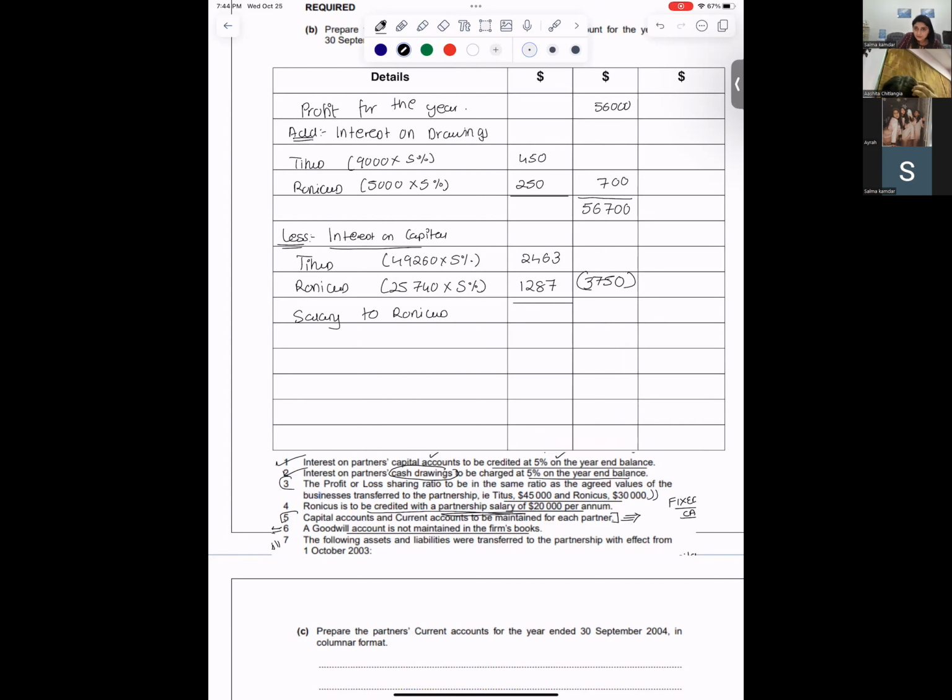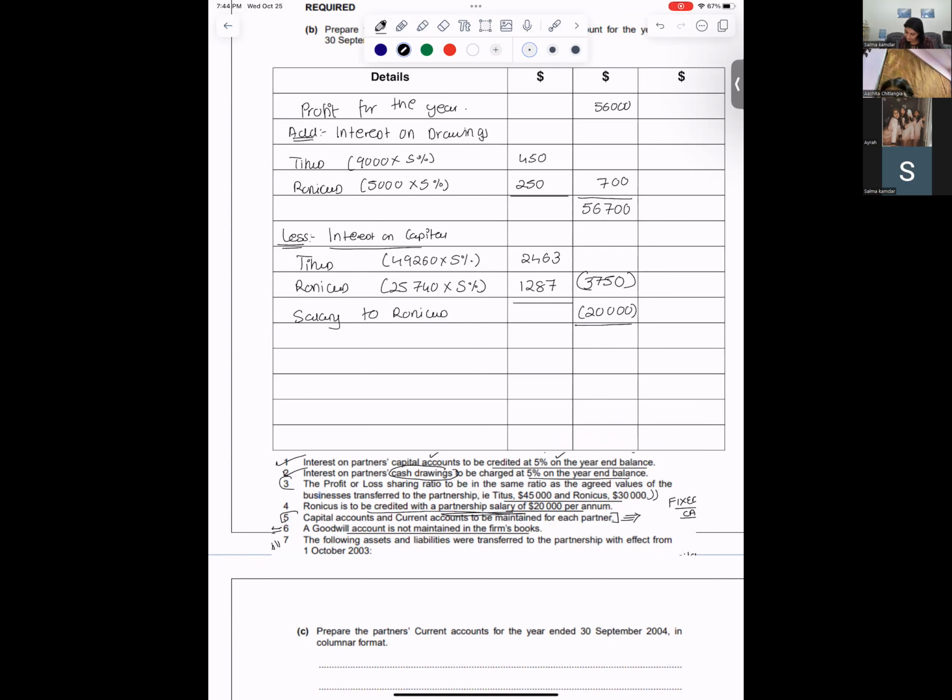How much? 20,000. After deducting, what do you get? 32,950. That's the net divisible profit now.